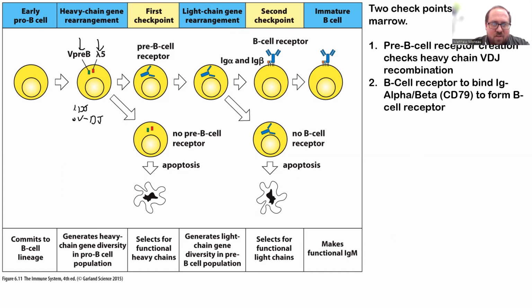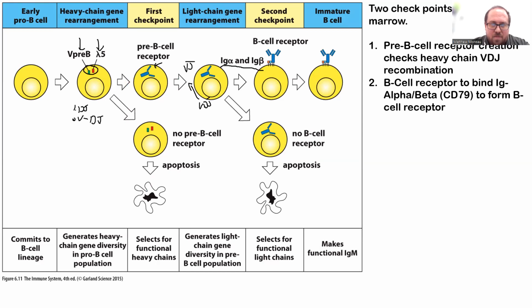If it rearranges and produces a stable heavy chain, the heavy chain is going to then bind V pre-B and lambda 5 in the first checkpoint, which is going to send signals to produce Ig alpha and Ig beta, and it turns off VDJ recombination and turns on VJ recombination of the light chain.